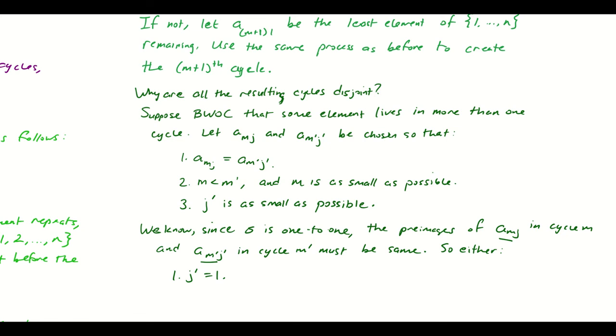So this is a contradiction, since my algorithm would never put a repeat at the beginning of a cycle. Which means that my j prime must be greater than 1.